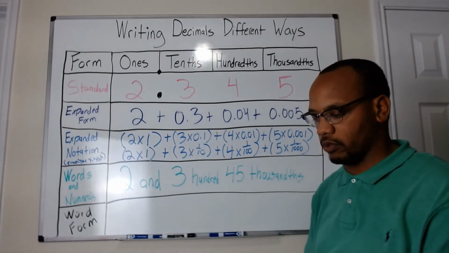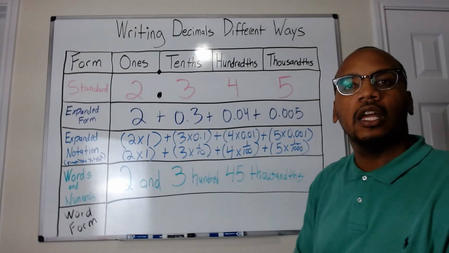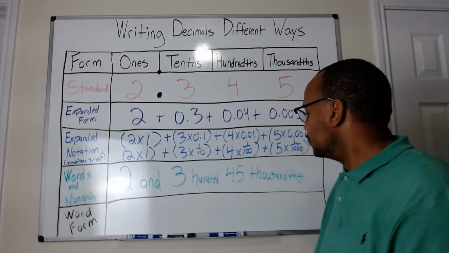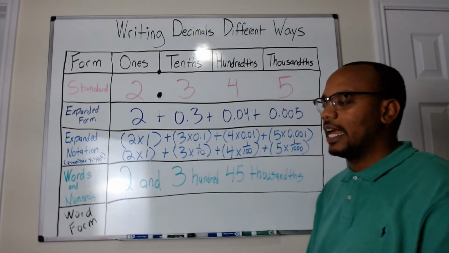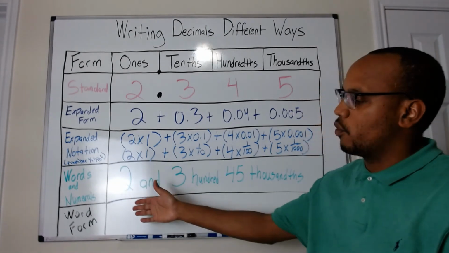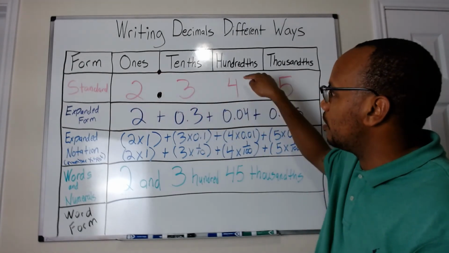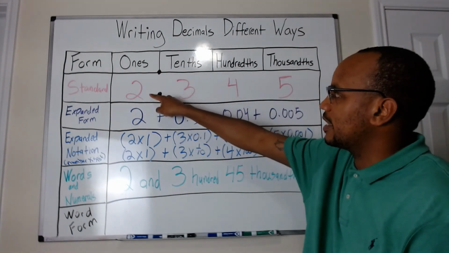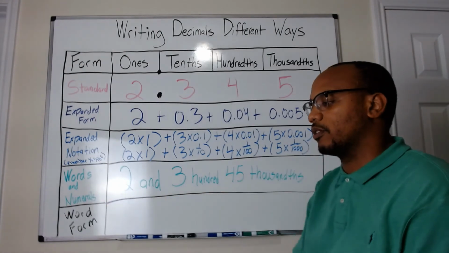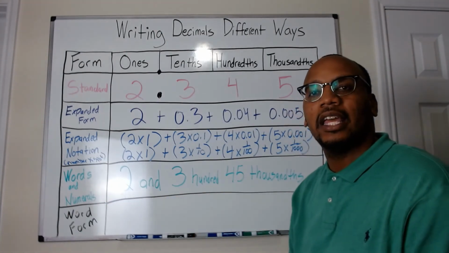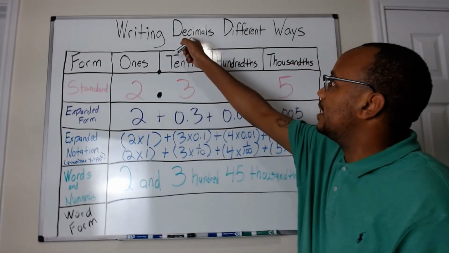All right. That's words and numerals. Like I said, it's rarely seen, but I have seen it in 5th grade on snapshots and things like that. All right. And last but not least is word form. Right. So if you know standard form and you put it in numbers, word form is the same thing but put in words. So what's important, as always, is the decimals.